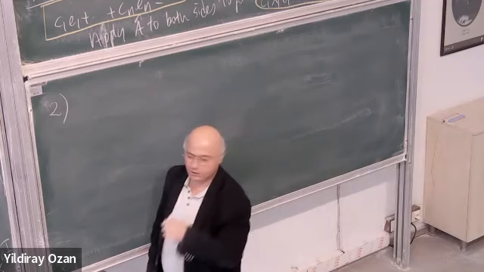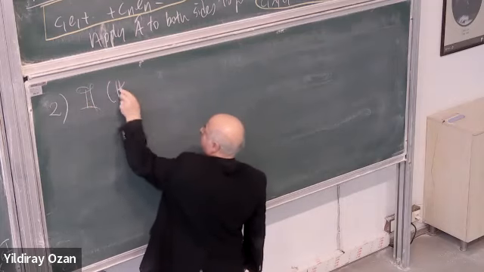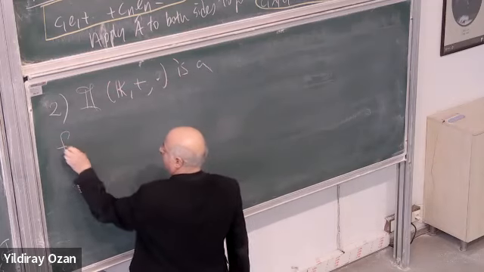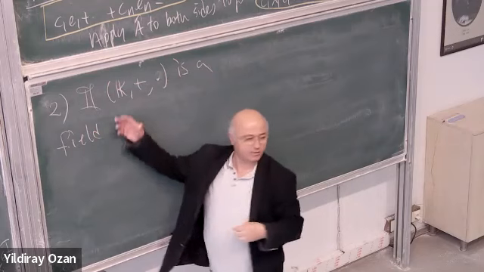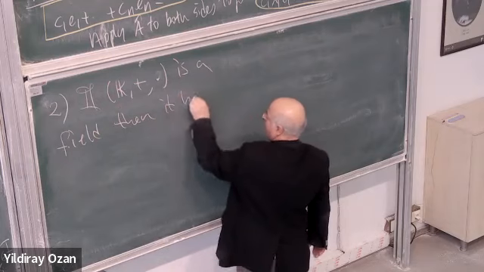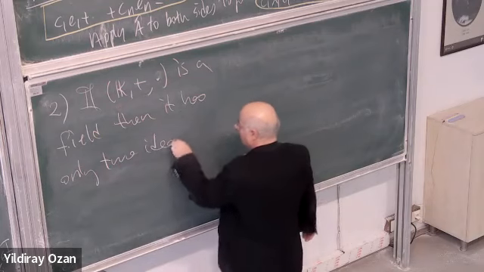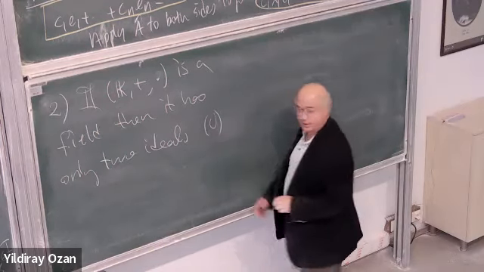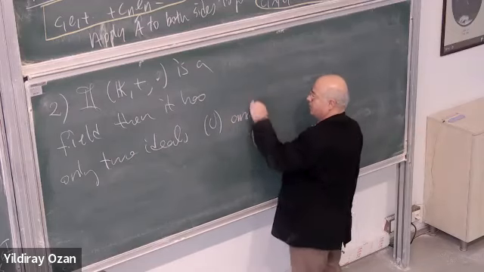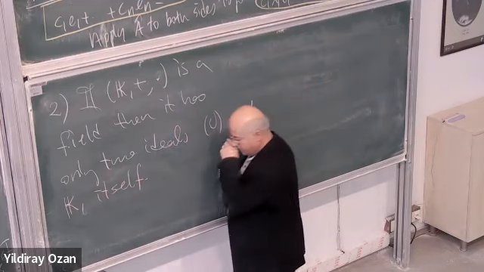So if k is a field like the real numbers, then it has only two ideals: the zero ideal, which has only the zero element in it, and k itself. Okay.